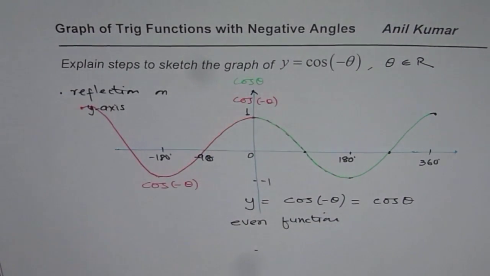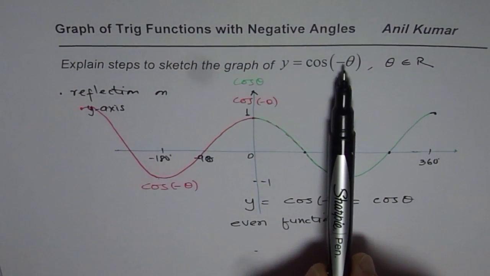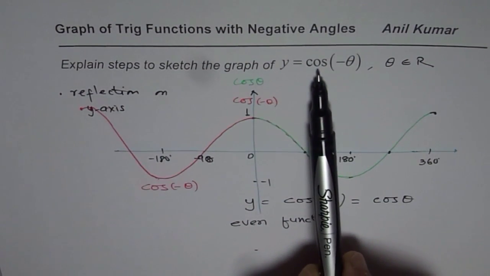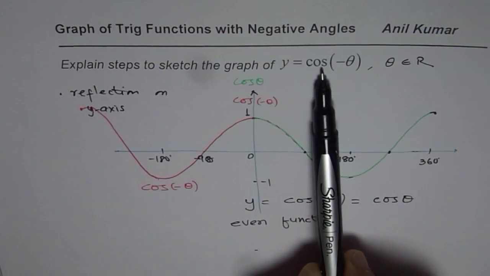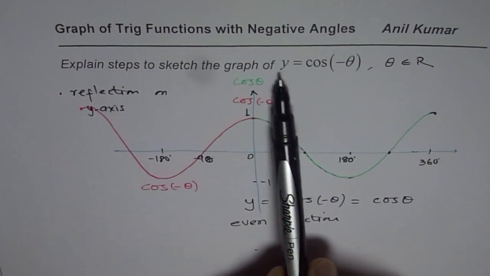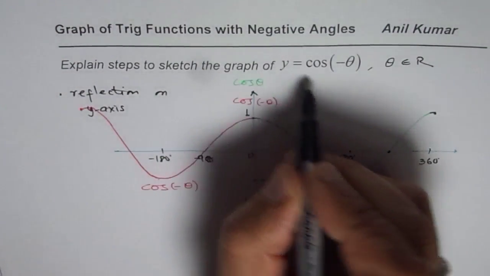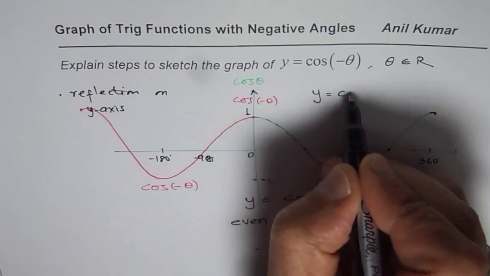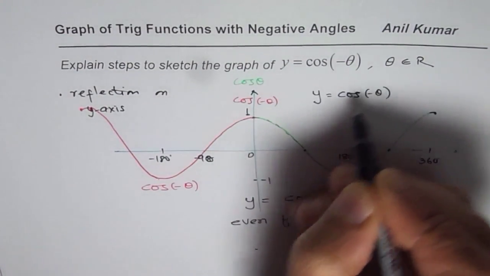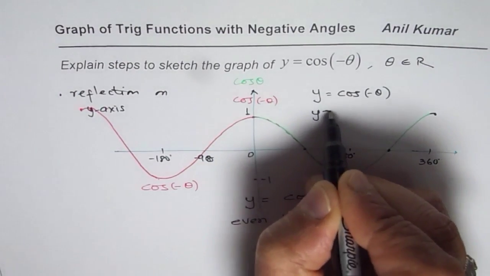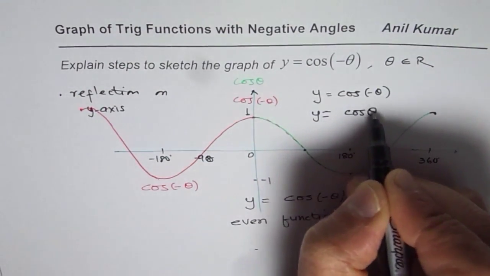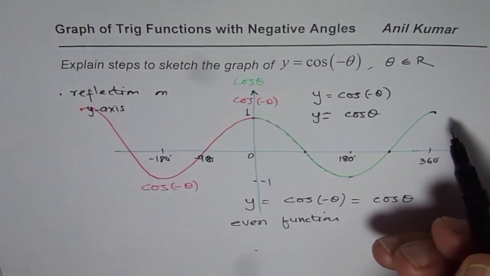So that is how you could easily sketch the negative angles for the trigonometric function. My recommendation for such graphs is, to begin with, we could write y equals cos of minus theta as y equals cosine theta and sketch the cosine graph directly.